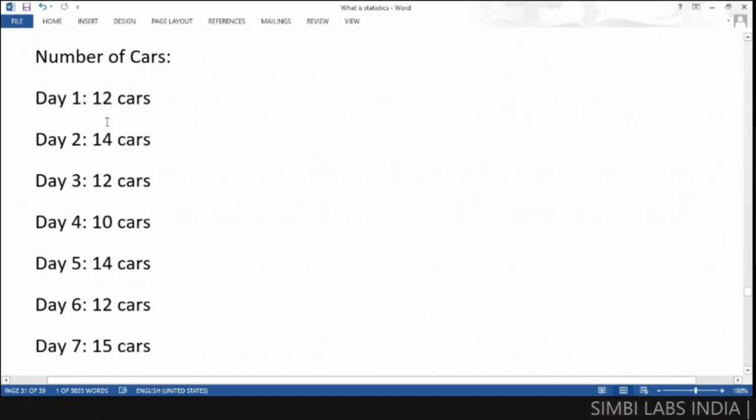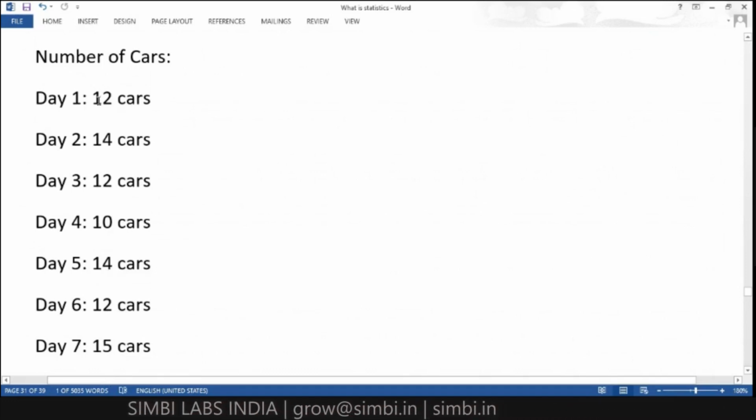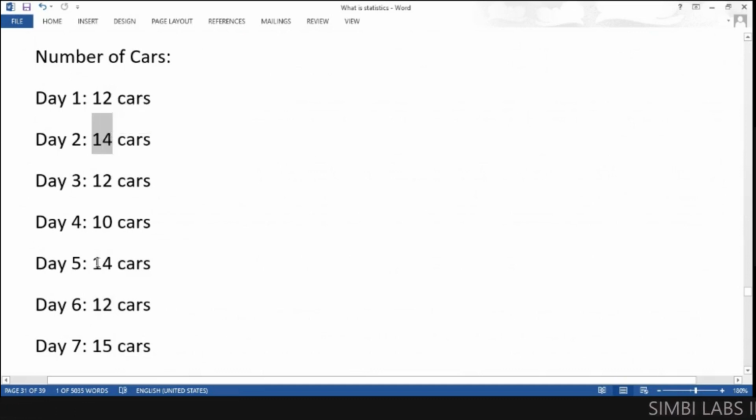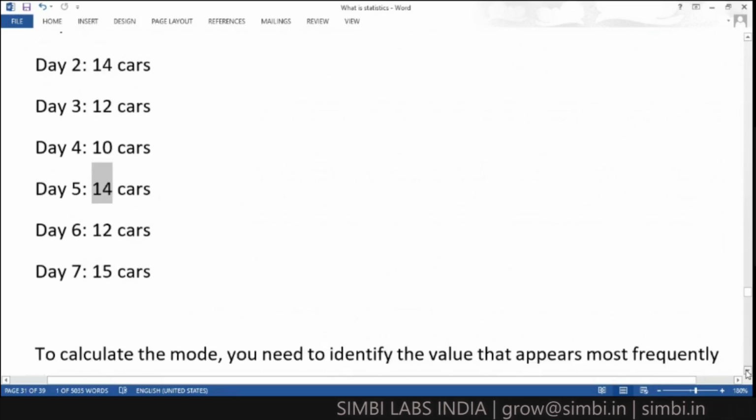We can see 12, 14, 12, 10, 14, 12, and the number that is repeated is 12. Here 12 cars, here 12, and here 12, and also 14. 14 also repeated 2 times. So what is the repeated value? That is the mode.